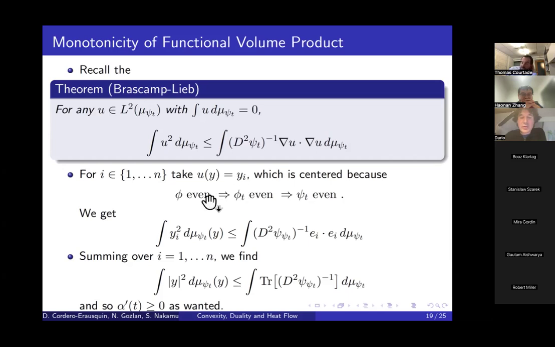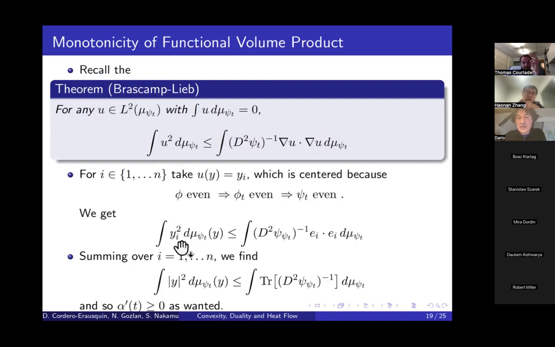So note that in my functional Blaschke-Santalo inequality, I am assuming that phi is even. This is preserved by the heat semigroup, and this is preserved by the Legendre transform. So since psi t is even, my linear functions are indeed centered.